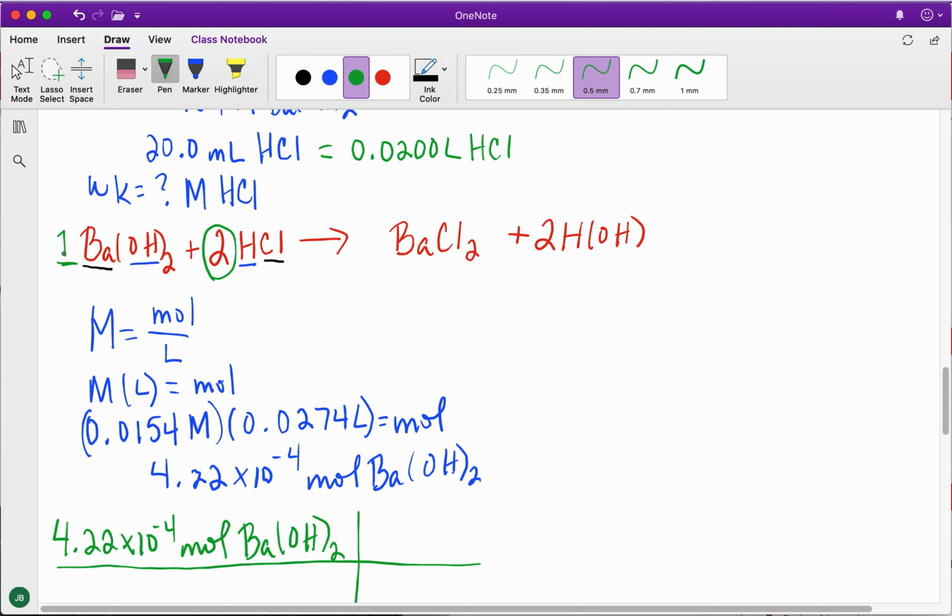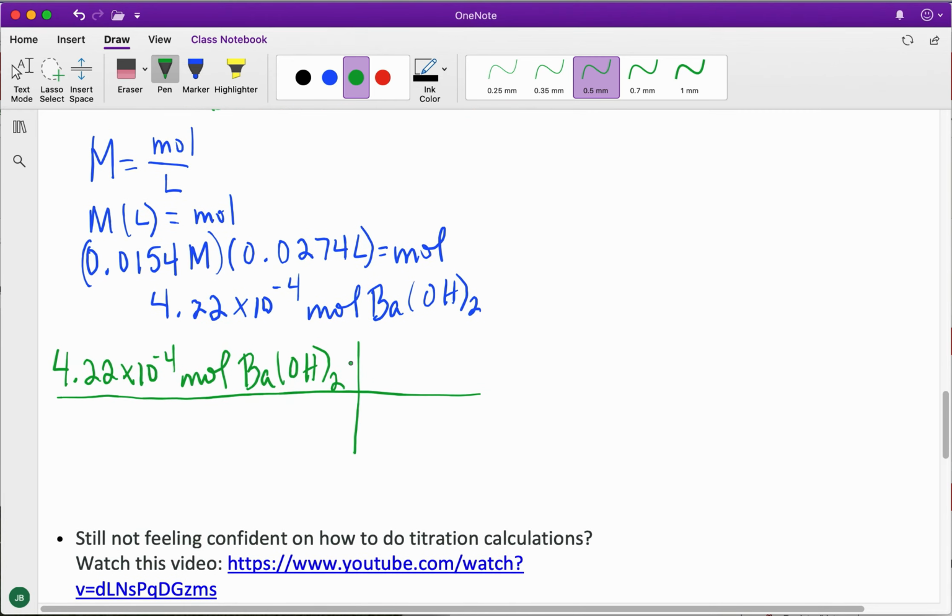Okay, we have an understood 1 right there. So we're going to put that understood 1 mole of barium hydroxide, and we're going to put in our 2 moles of hydrochloric.